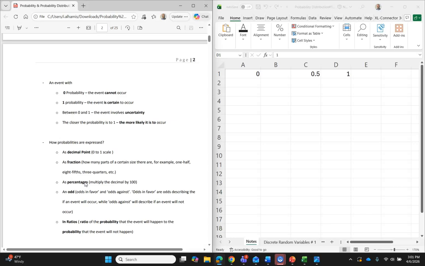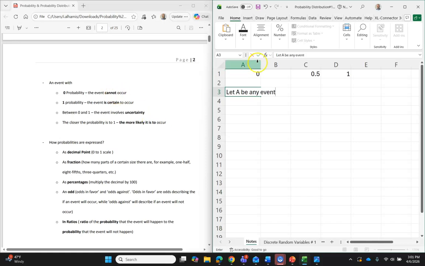So now, normally in probability, we consider some events. And so here also in the notes, we are talking of an event. So let me show you, when we talk of an event, what does it mean? So here I can say let A be any event, anything that can occur. So let's say rainfall is an event.